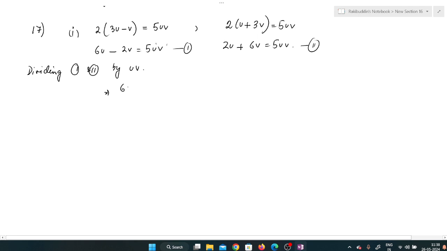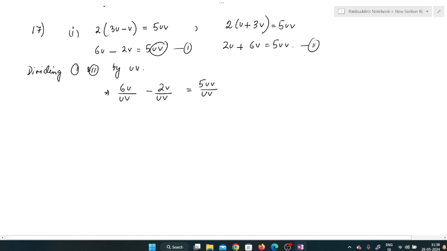So it becomes 6u by uv minus 2v by uv equals to 5uv by uv. We will focus on this term. Whatever is the term here, we will divide the entire equations by that only. If there is xy, we will divide by xy. If there is ab, we will divide by ab. Right?